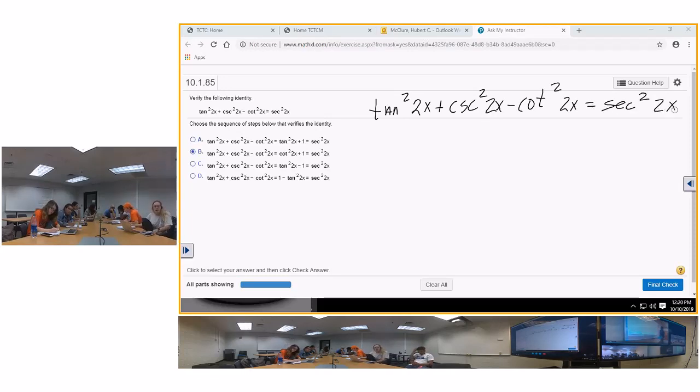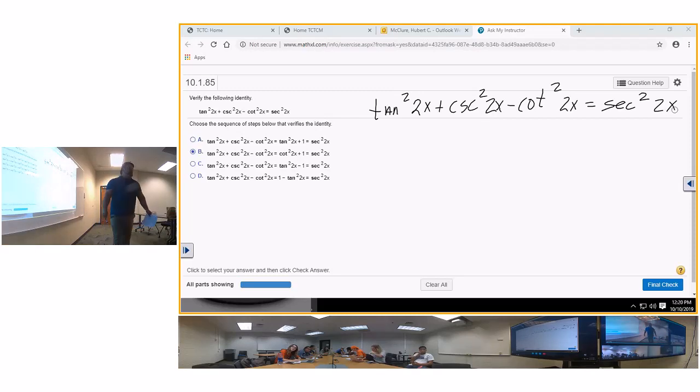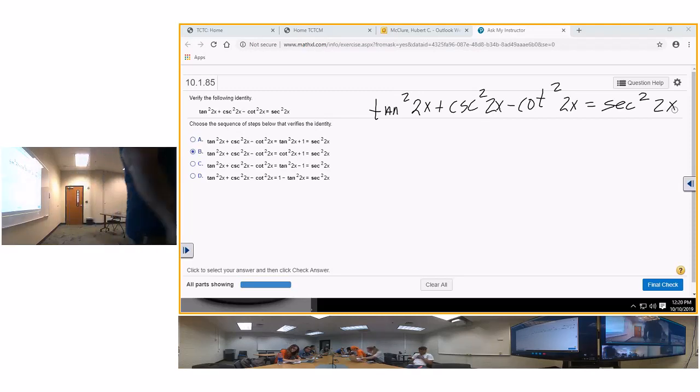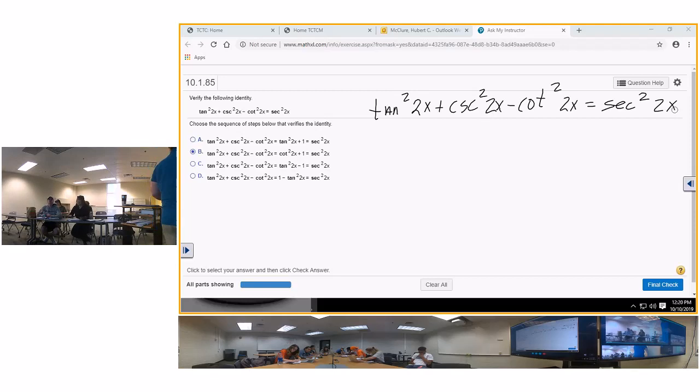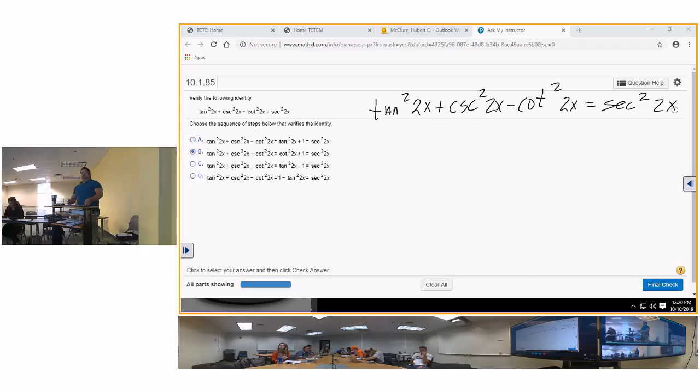All right, y'all should be able to knock that out pretty easy. You're not looking for your reciprocal identities. You're looking for what? Let's see if we can say it. It starts with a P. Pythagorean. Identities.